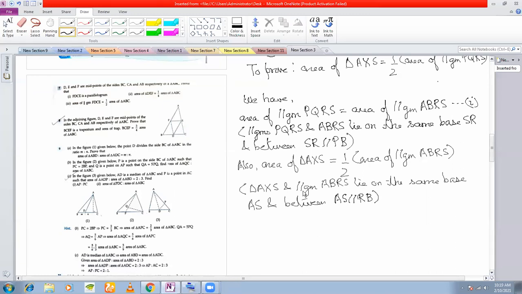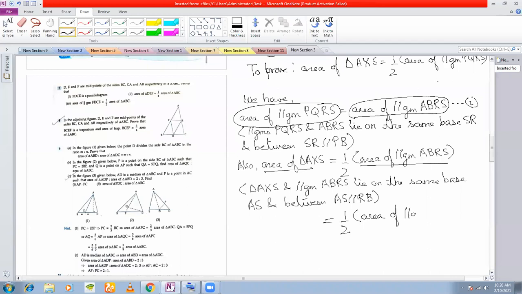Okay, so now we have shown that area of triangle AXS is half of this parallelogram. But from 1, what do we know? We know that area of ABRS must be equal to area of parallelogram PQRS. That means in the next step, I can replace area of parallelogram ABRS by area of parallelogram PQRS. This is from 1.